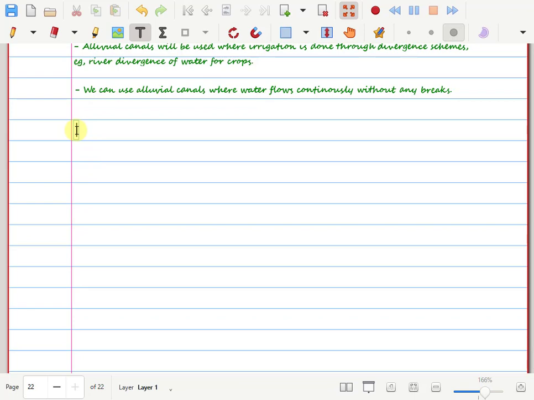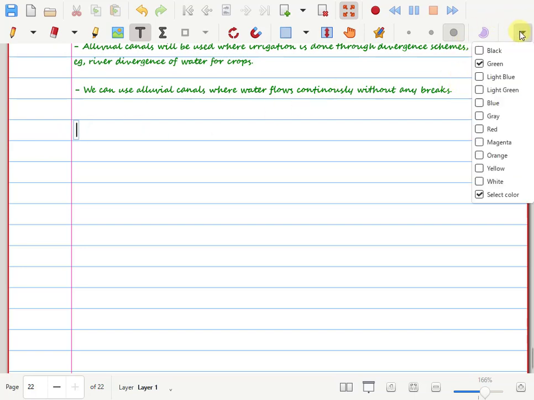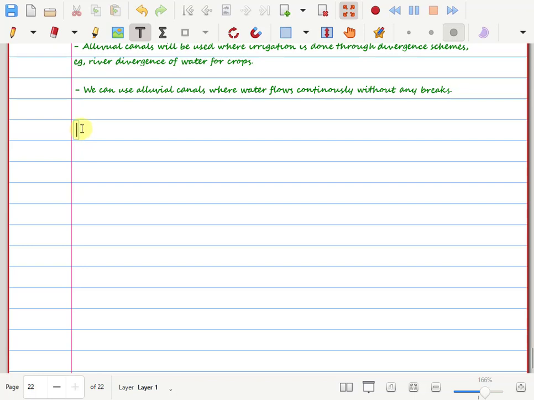Okay, let's move forward and discuss a few more important points. So let's start with the hypothetical step for alluvial canal design. As we said, these designs are based on hypothesis, right?